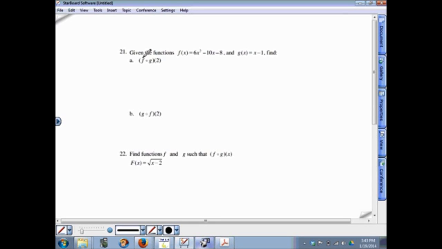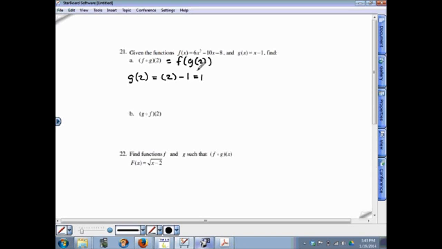Now we're finding the composition of two functions at a specific value of x now, not just at x. So this is find f of g of 2. So the 2 is going to go inside the g function first, forming a new number. We're going to take that new number and plug it into the f function. So let's first find out g of 2. That's going to equal 2 minus 1, which equals 1.